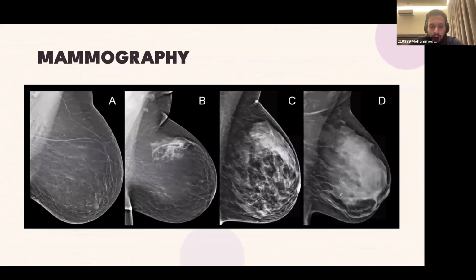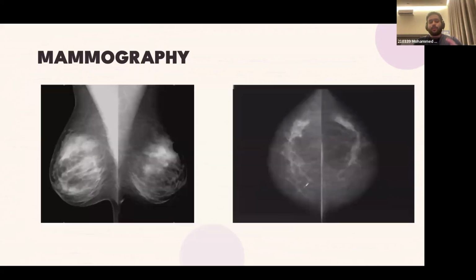Craniocaudal. Good. The medial lateral oblique is where the machine presses on the breast laterally, giving you a medial lateral view. The way you remember that this is MLO is this, which is the axillary tail. If you see this, you know. Craniocaudal is different. It looks at the breast from top to bottom, so the machine presses from top to bottom like this. So this is craniocaudal.